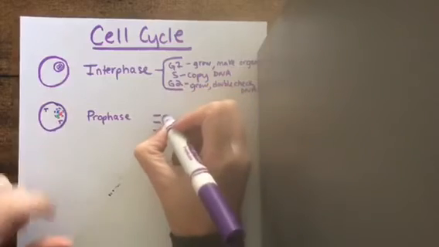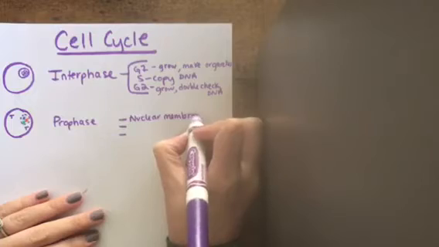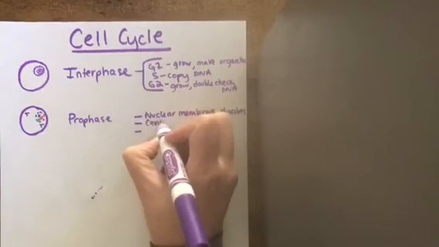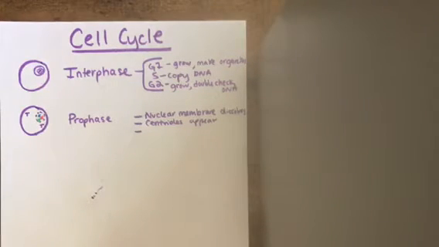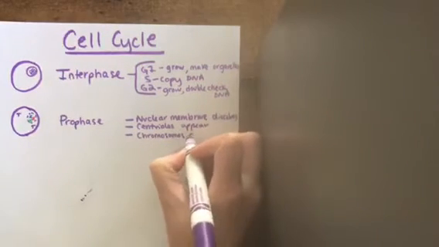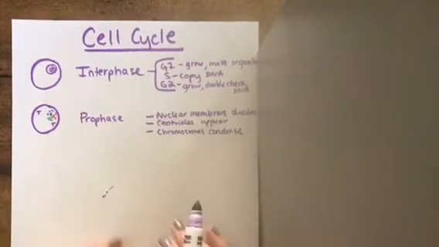The nuclear membrane dissolves. Centrioles appear. And our chromosomes condense. So it was that chromatin, but that chromatin is going to condense. It's going to coil up and tighten into chromosomes. All right, those are the longest two ones. The rest of these go by pretty fast.